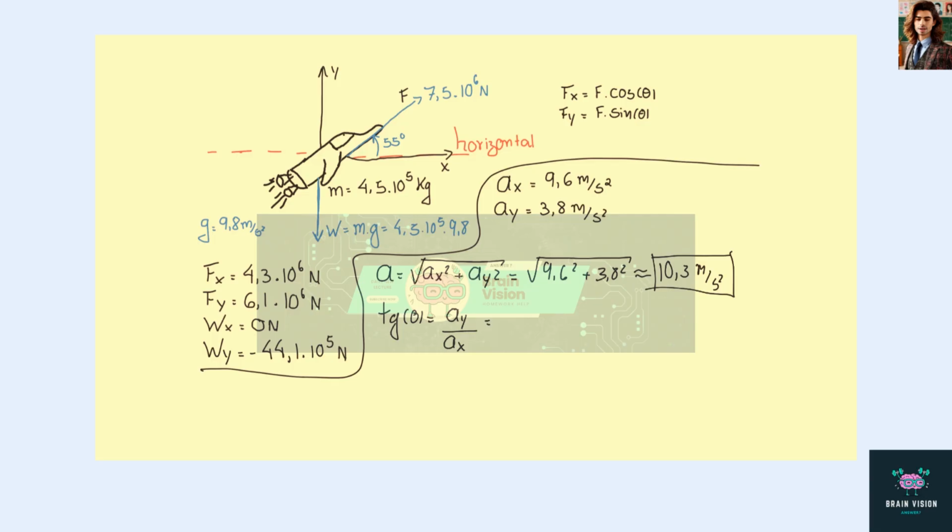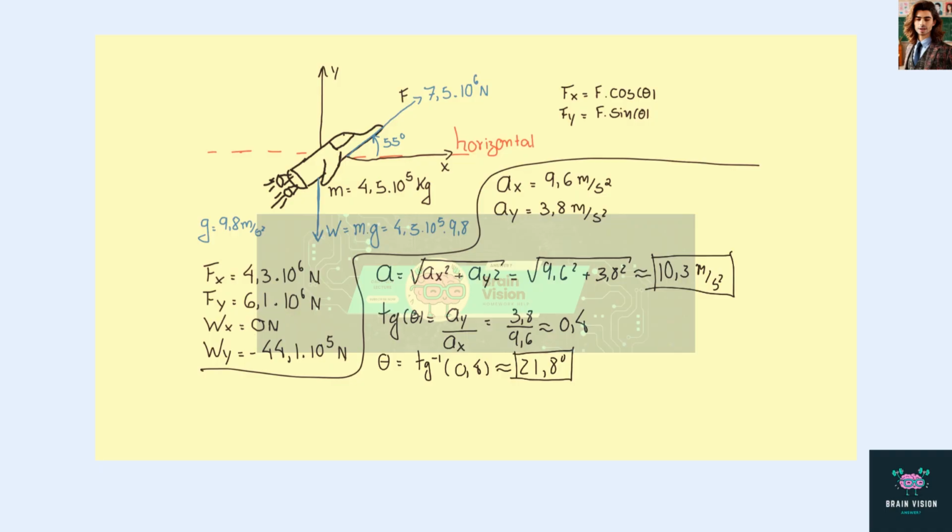And this is equal to 3.8 divided by 9.6, which is approximately 0.4. Then the angle is equal to the inverse tangent of 0.4, which is approximately 21.8 degrees. So this is the angle between the horizontal and the resulting acceleration.